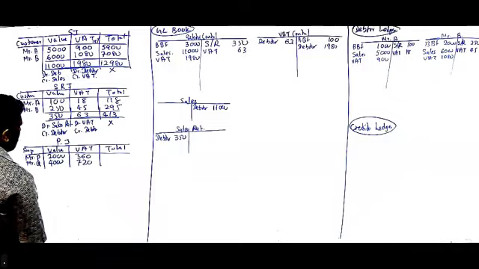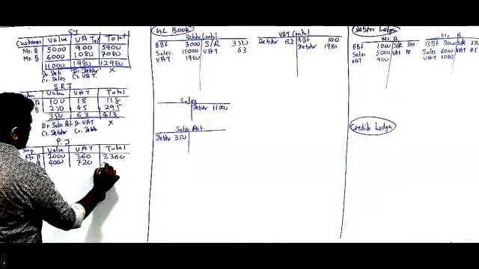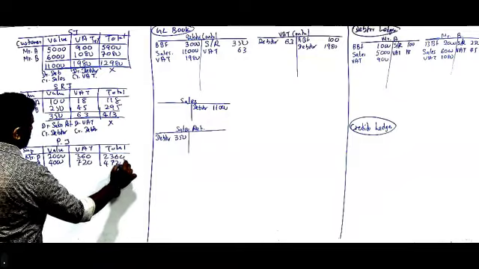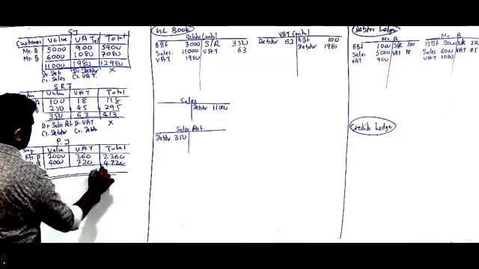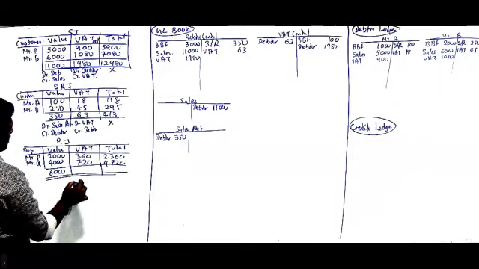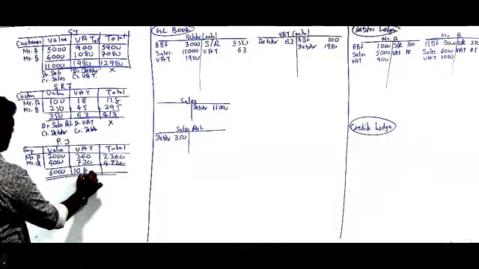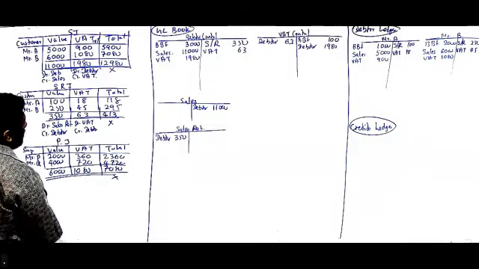Check my numbers. 2360. 4720. Hit the totals. 6000. 6000, 1080, 7080. This doesn't have a double entry.